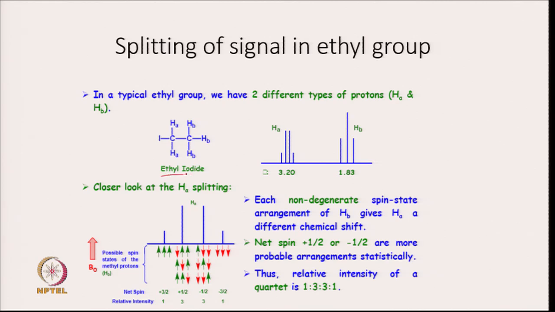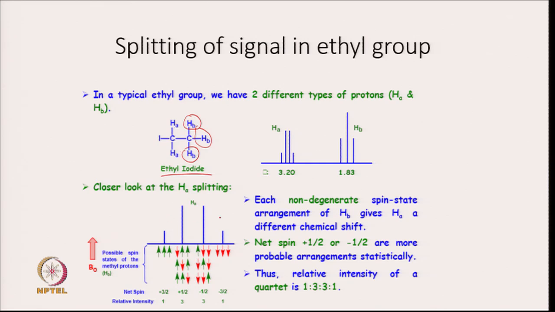So, take the case of ethyl iodide, and this carbon has 2 protons, this carbon has 3 protons, and if I look at the splitting of this HA, due to this HB. Now, think of how many levels it will split.